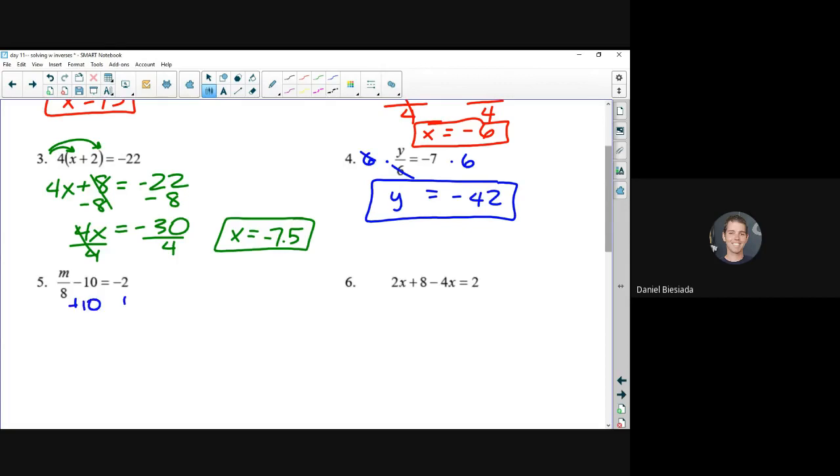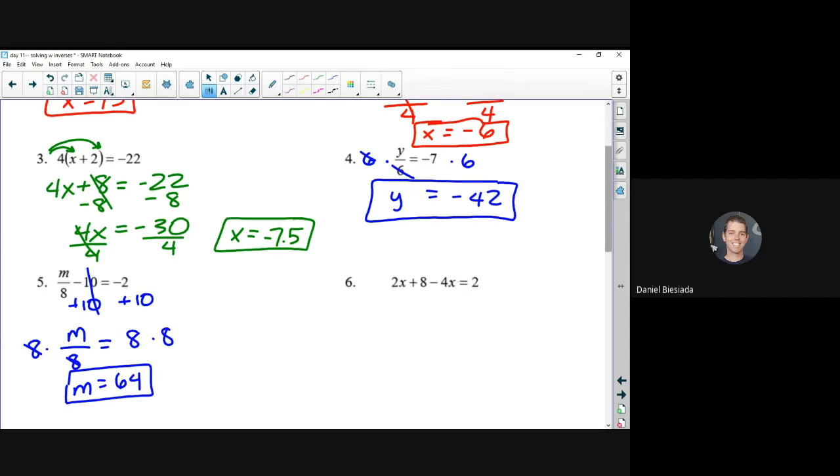We will add 10 to both sides first. And then, to counteract that dividing by 8, we will multiply by 8. Giving us a final answer of m equals 64.